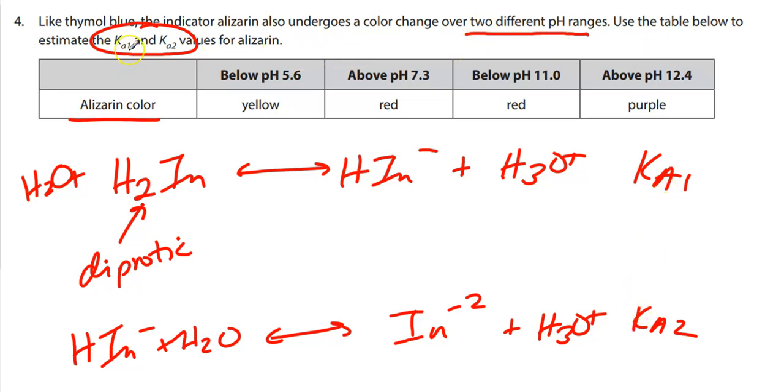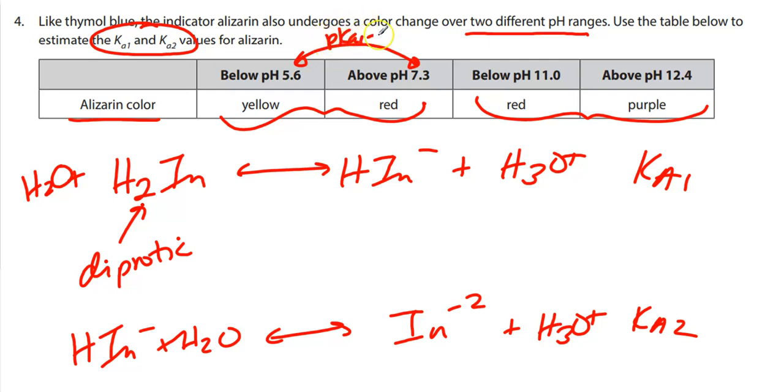So what does it want us to do? The K values. The first transition is here, the second transition is here. We need to find the difference between these two values and get the average. So 5.6 plus 7.3 divided by 2 is 6.45.